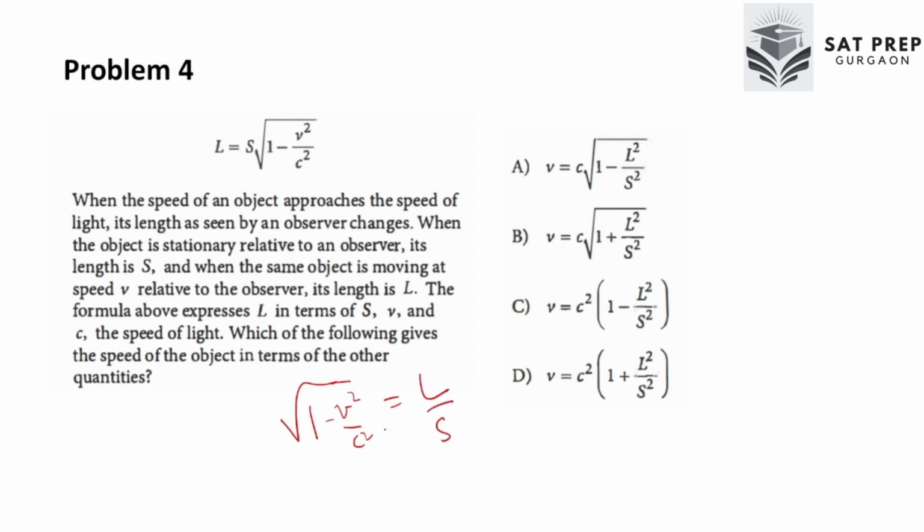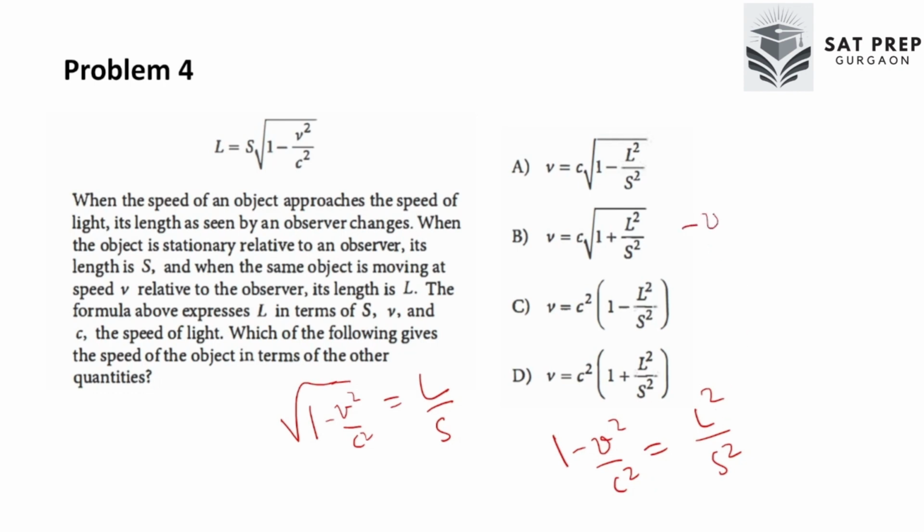Now if you have the expression inside the radical isolated on one side, you can simply square this side, right? So this becomes 1 minus V square by C square, but you'll also have to square this side. So that becomes L square by S square. Okay, now we need to isolate V. So let's first get 1 here.